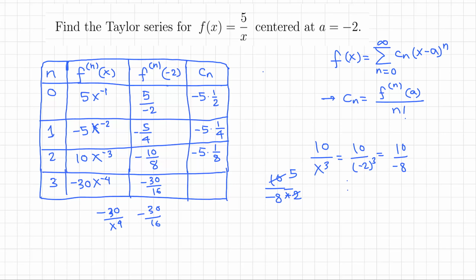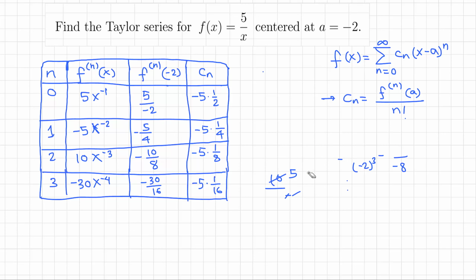Now divide by 3 factorial, which is 3 times 2 times 1, that's 6. 6 goes into 30 five times, so negative 5 over 16, which I can write exactly like what we said earlier.